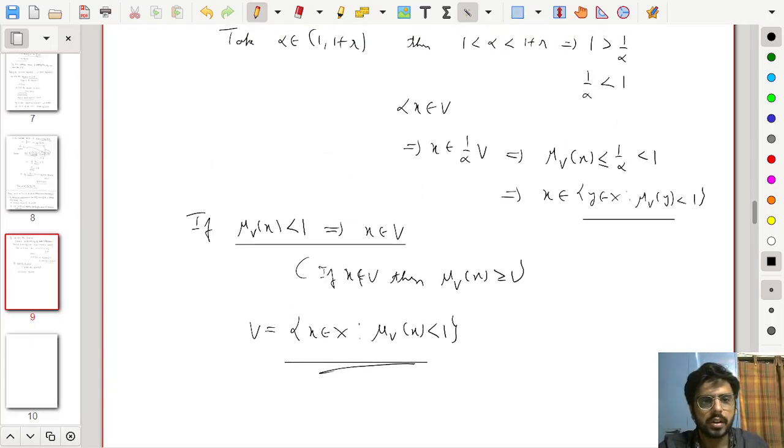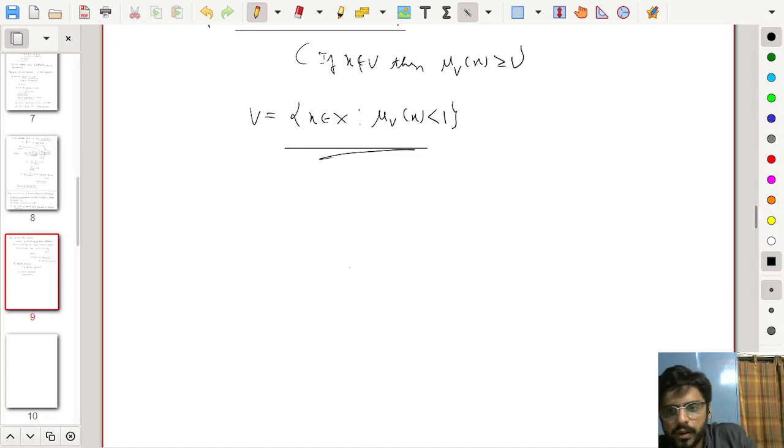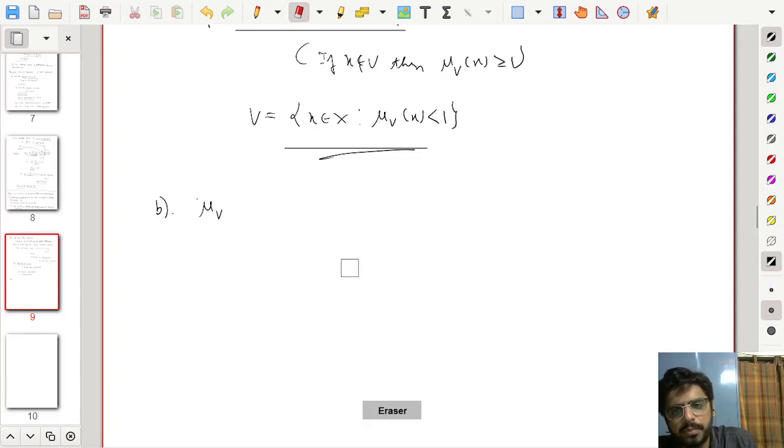Right? Okay. Now let us prove the second assertion. Showing it is a separating family is very easy, right? It's easy to see that mu V is a seminorm. We have already done the framework in the previous video.